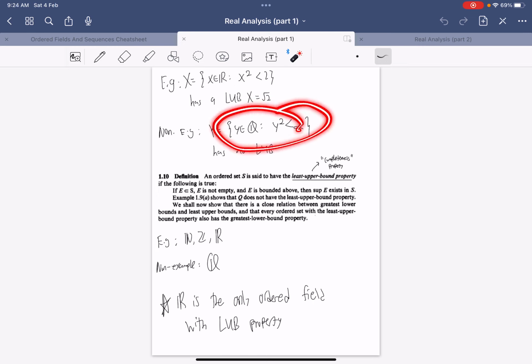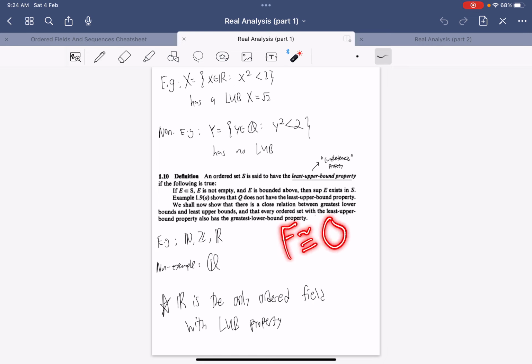And what is interesting is that based on our construction of the real numbers and how we have given it the least upper bound property, it can be shown that any other ordered field that has the least upper bound property is isomorphic, meaning you can just translate it back into the real number system. And so the real number system can be taken as the only ordered field with the least upper bound property.